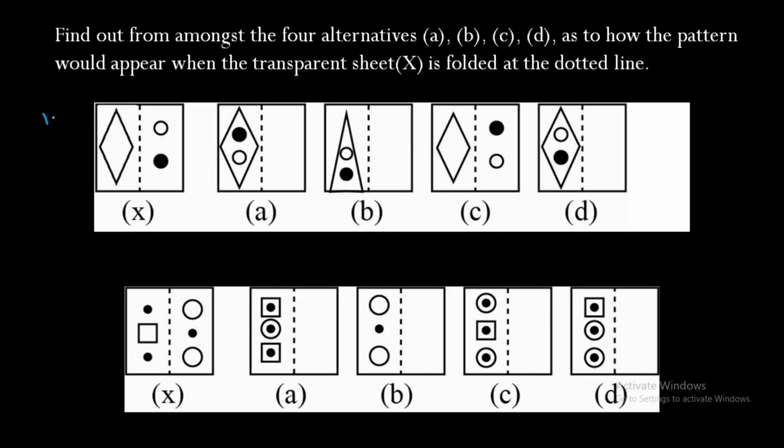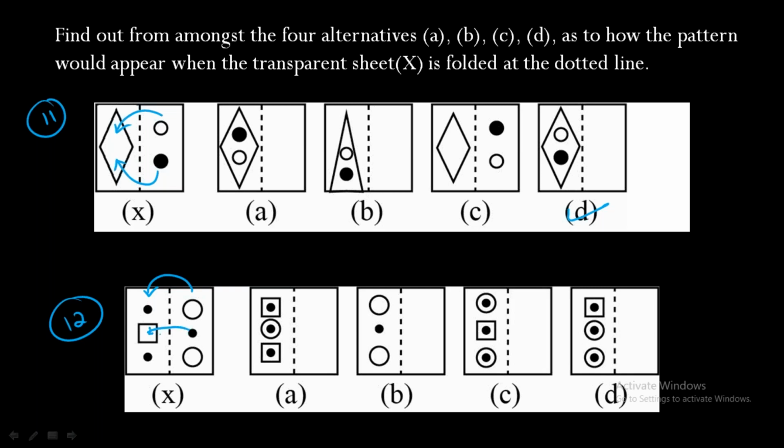What about the 11th and 12th now? Easy, right? Paper folding. Good. Now here, this will come here, this will come here. Now it's option D. Whereas here, this circle will come to this place.